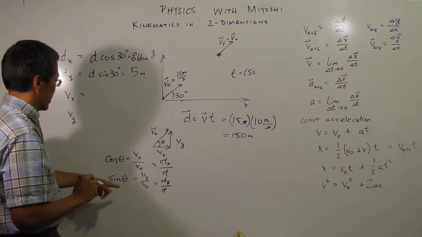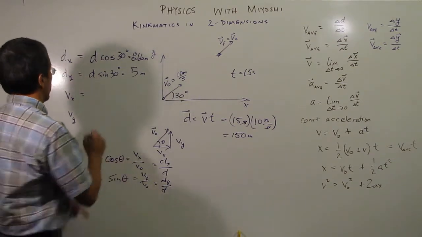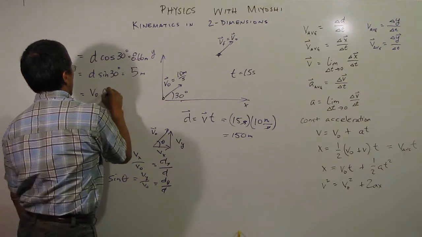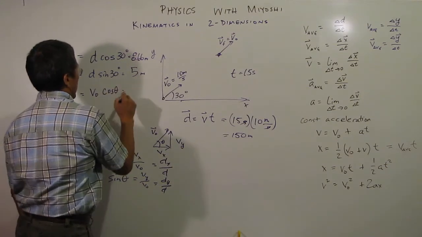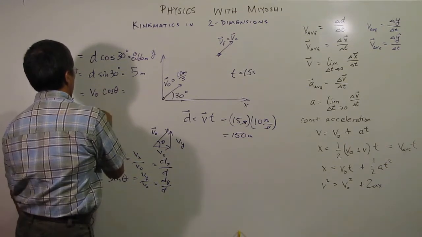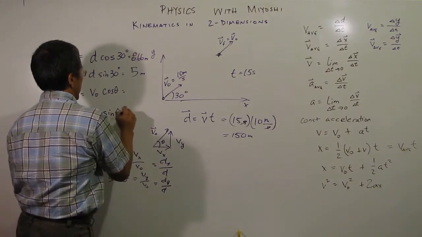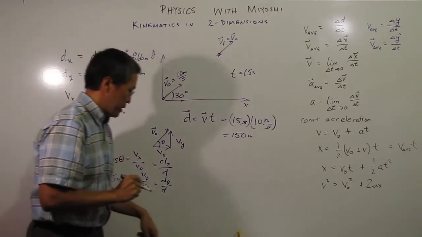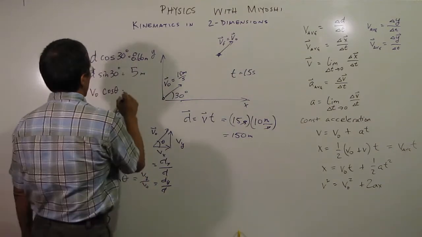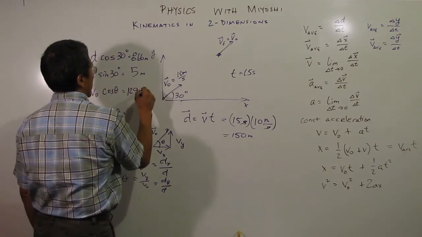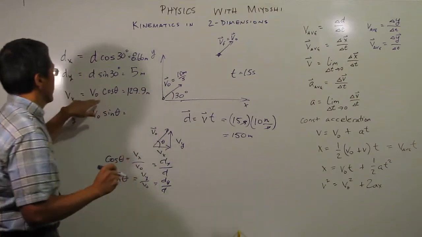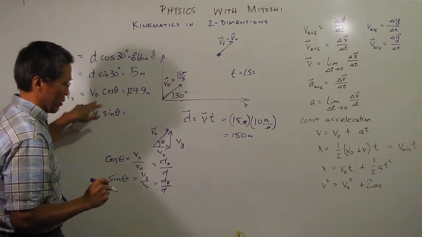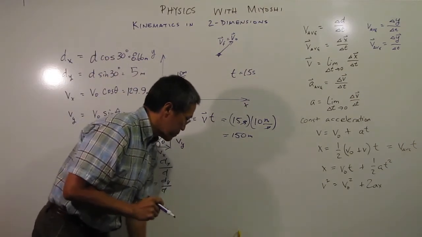Likewise, we would have vx is v0 times cos theta, and vy is v0 times sine theta. Again, doing the math, we know that this guy should be, what should it be? 129.9 meters, because I multiply v, oops, did I do that wrong? I think I did that wrong. I did.